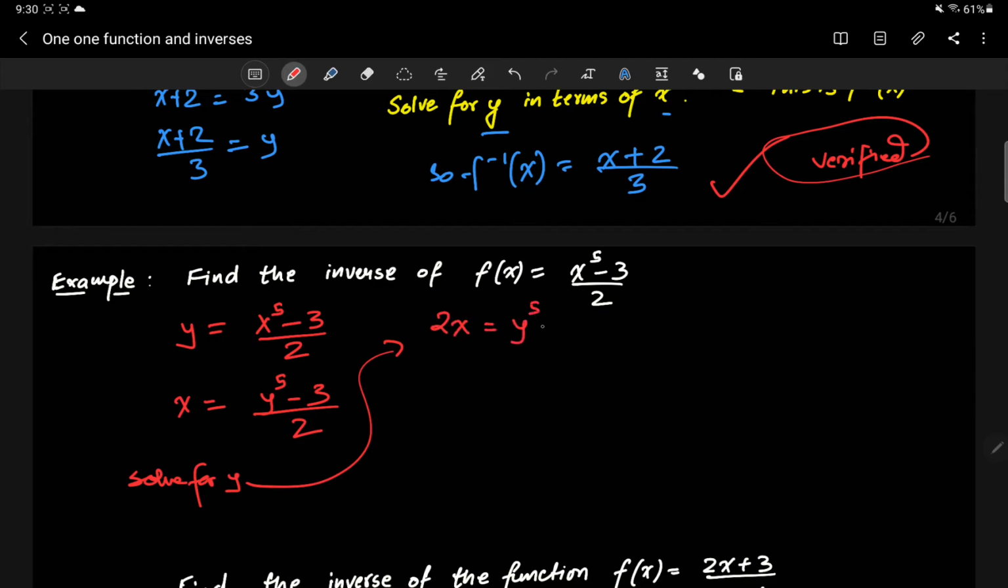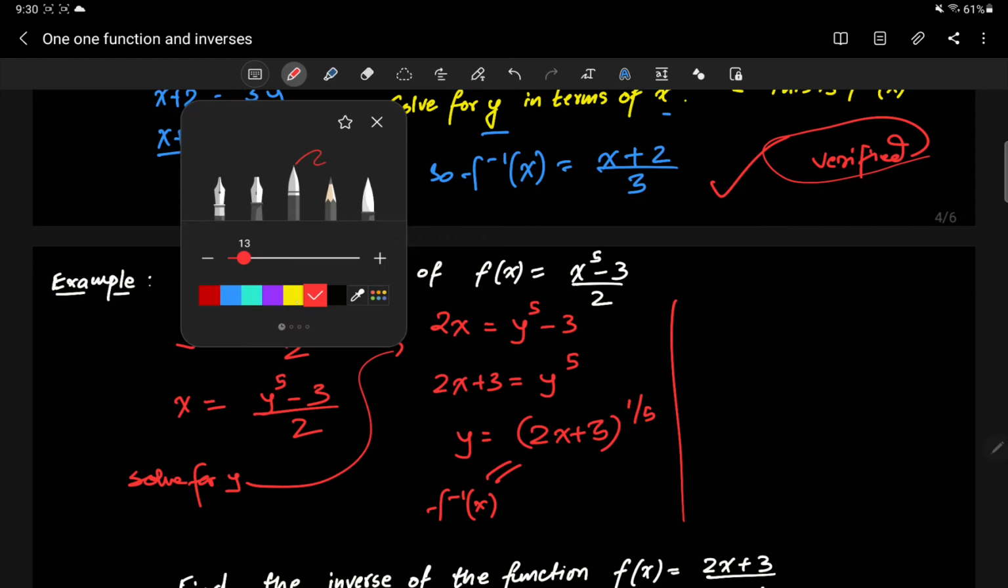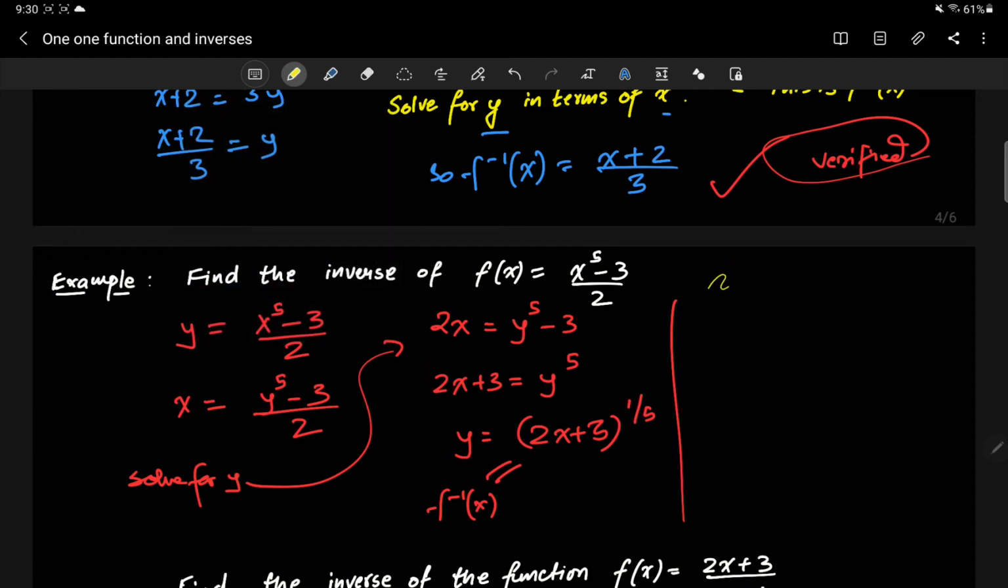So you multiply by 2, then you add 3, and finally you get that it is (2x plus 3) to the power 1 over 5, which is now your f inverse of x. Once you're done with all of this, you still need to verify.